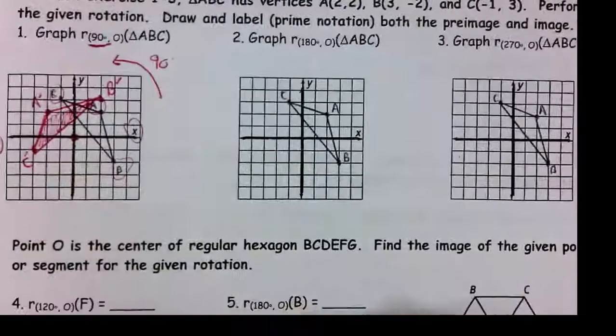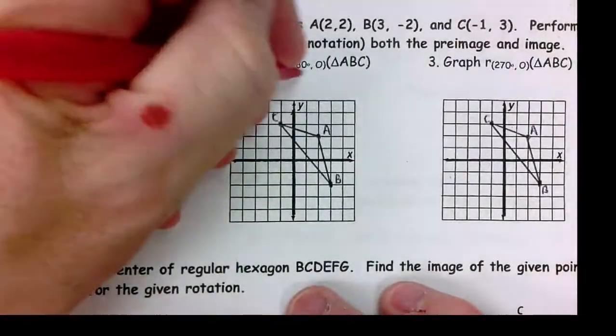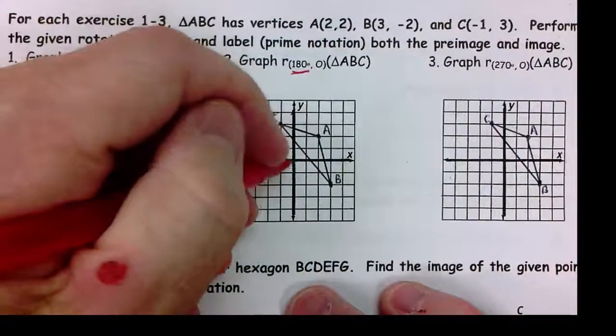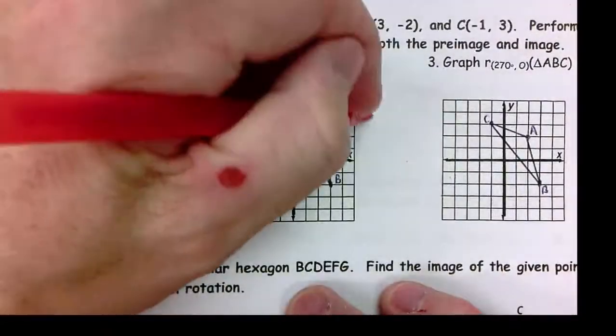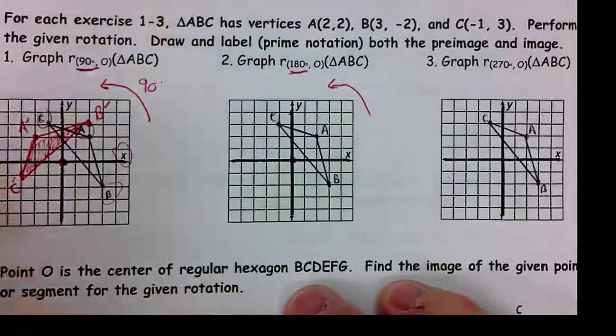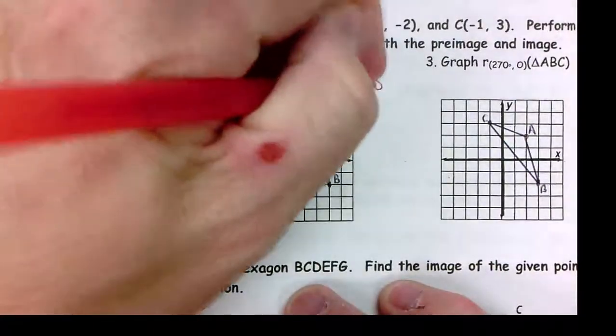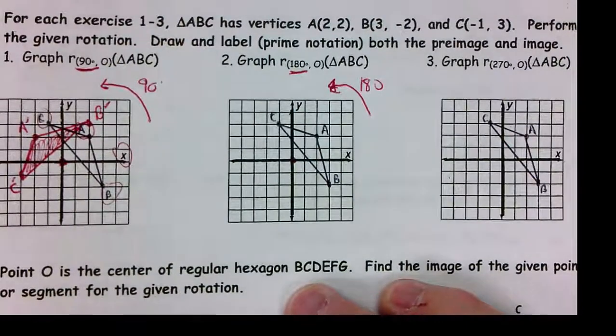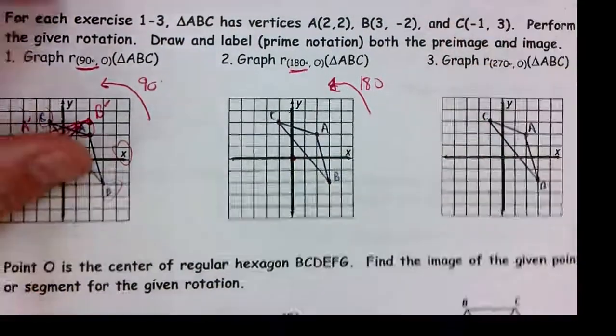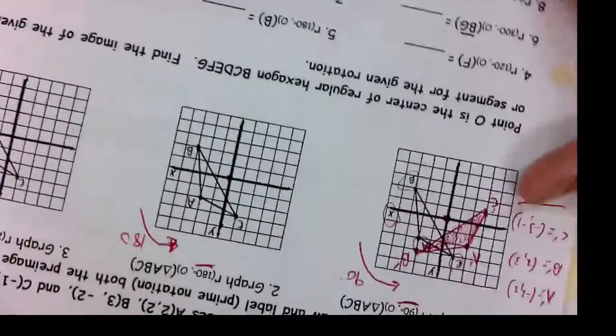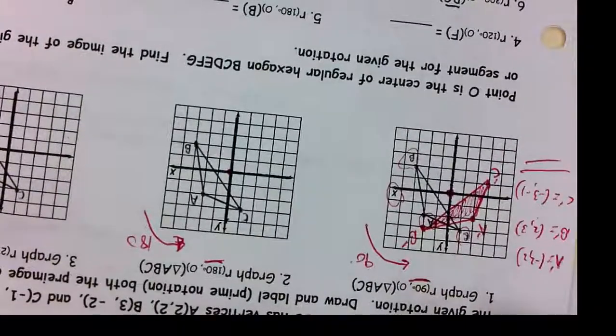Let's go to number 2. This time I'm supposed to rotate 180 degrees around this. So I'm going to go a rotation this way, right? This is the positive direction, 180 degrees. So if I turn the paper once, that would be 90. And if I turn it one more time, that would be 180.